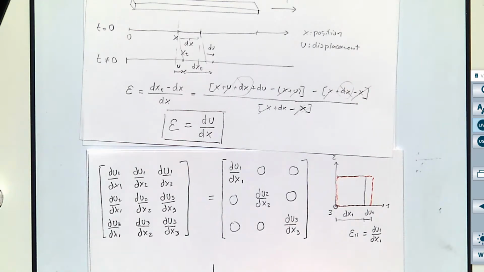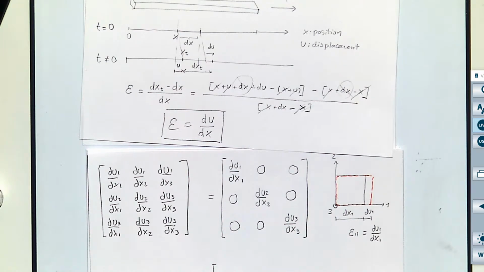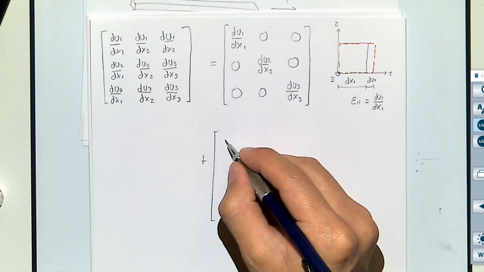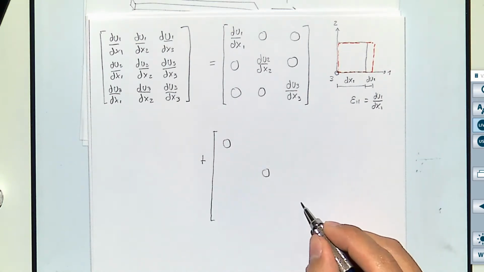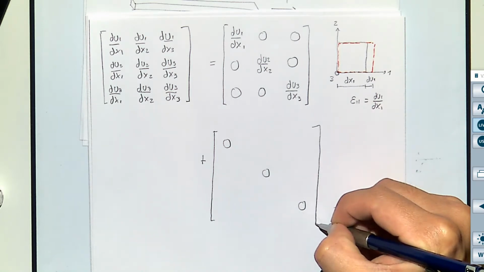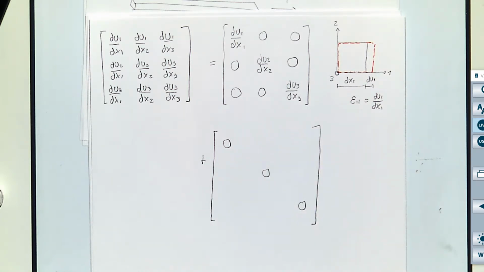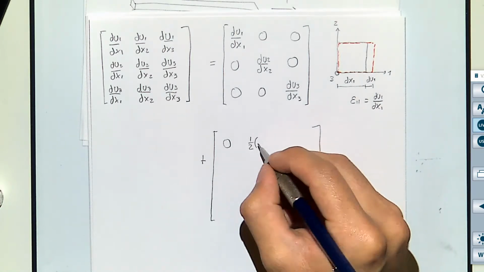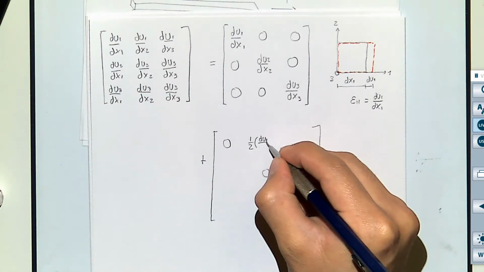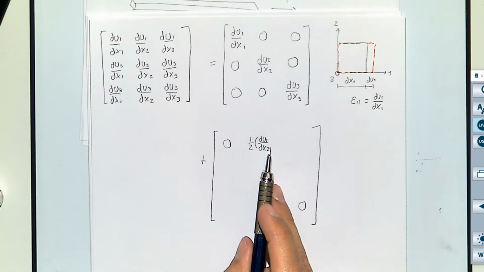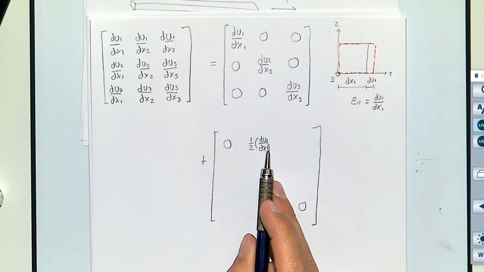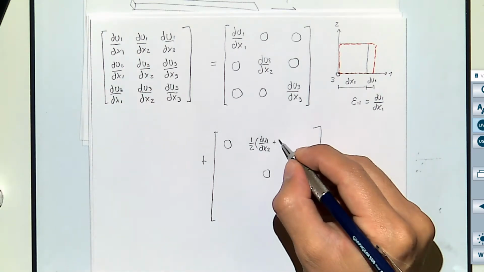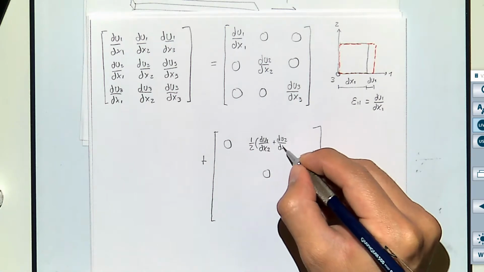Here, we're going to use a trick. I already have all the elements in the diagonal. So, diagonal elements are going to be 0. And in the off-diagonal elements, what I'm going to do is add the symmetric term to du1 dx2. So du1 dx2, I have it there, but here I'm going to add du2 dx1.